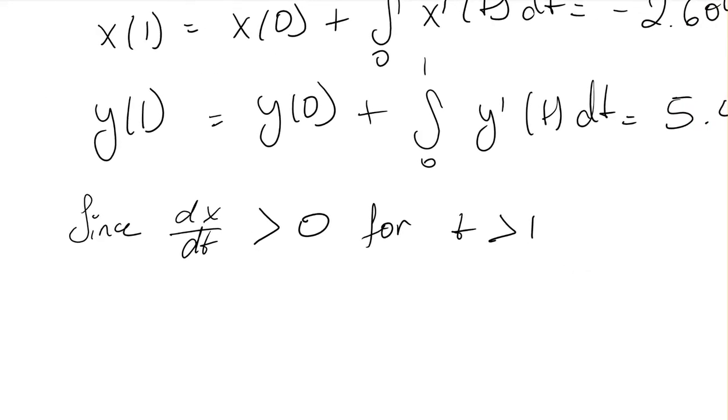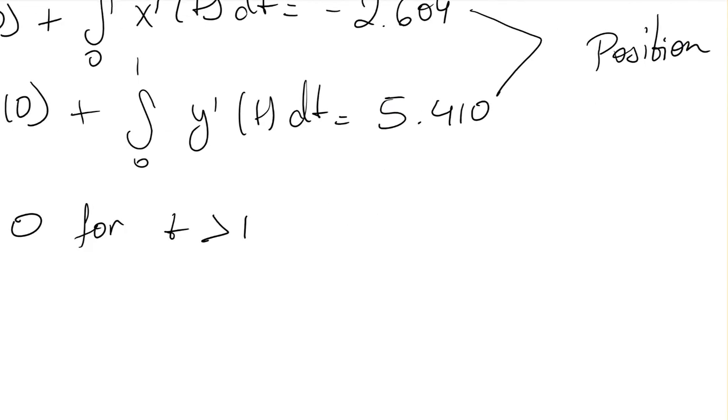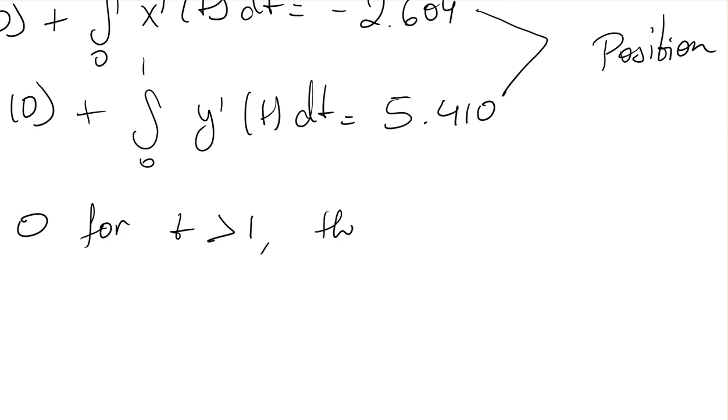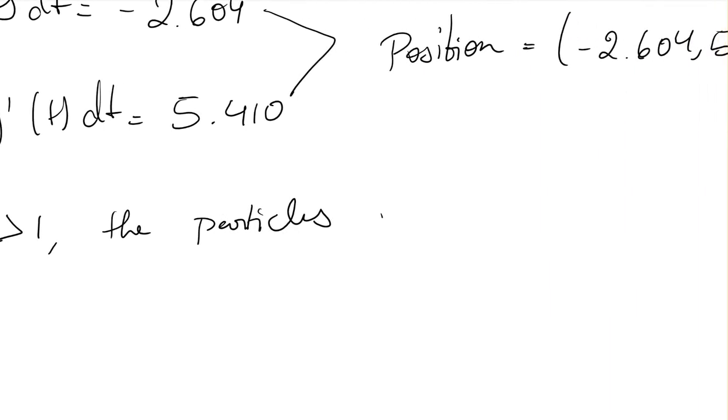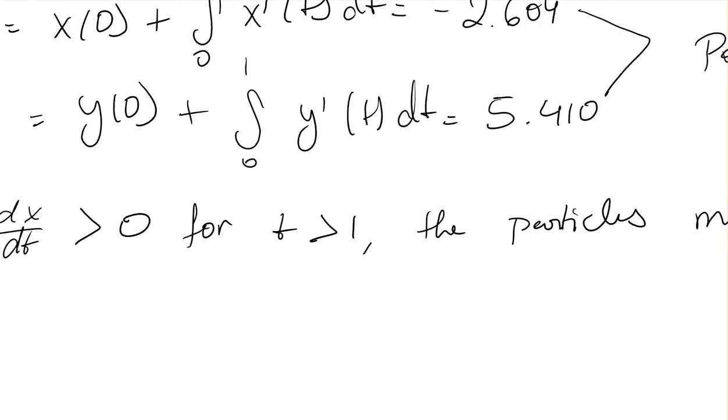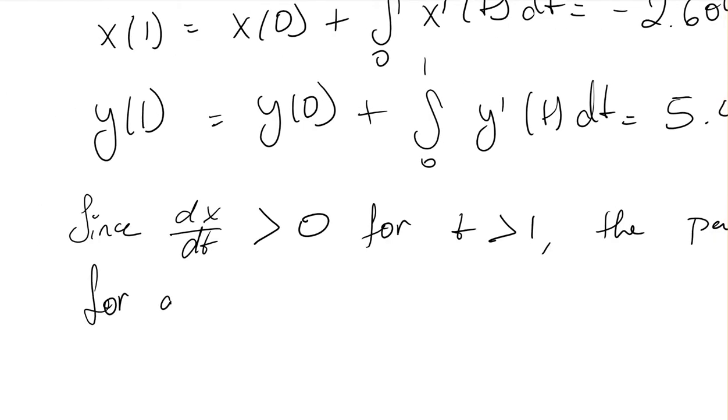So we know that when t equals 1, dx/dt is 0, but dx/dt is positive after t equals 1, which means the particle moves right for all t greater than 1.